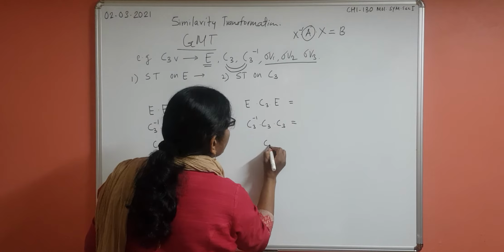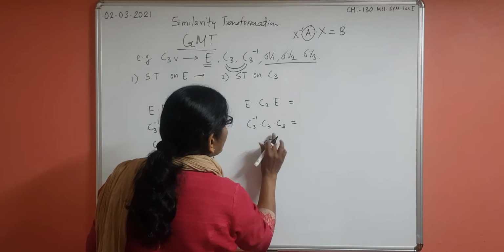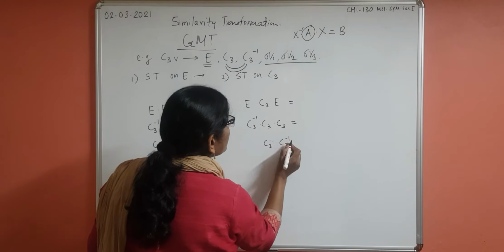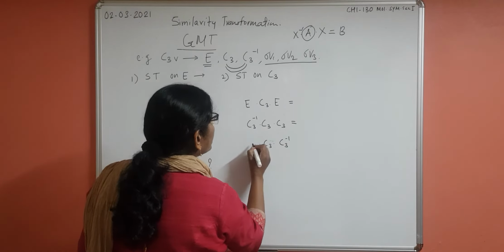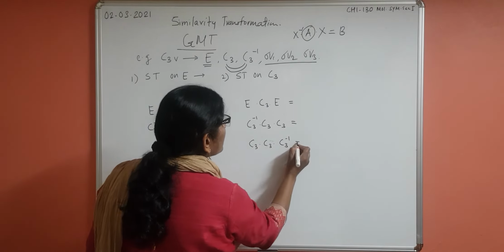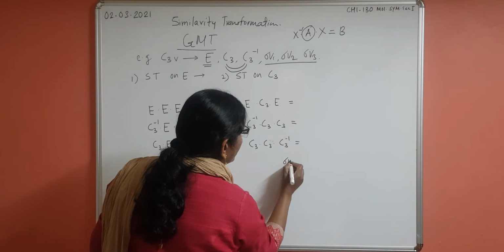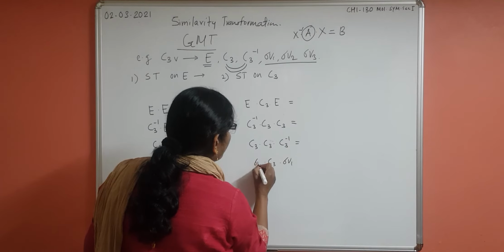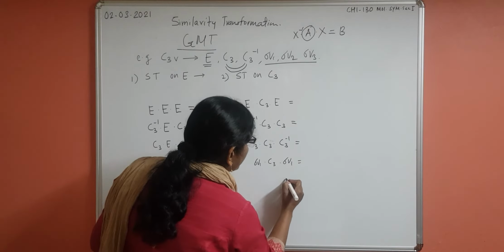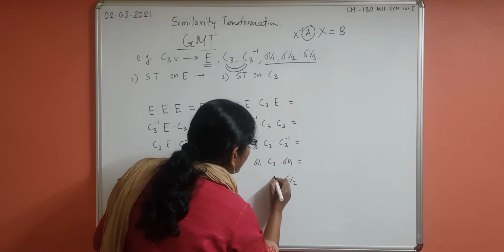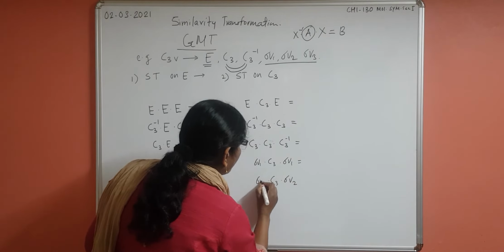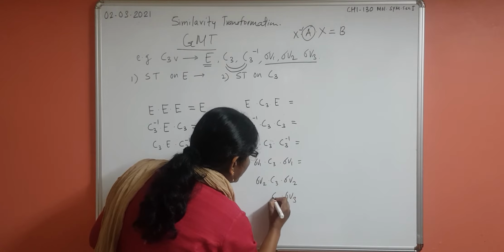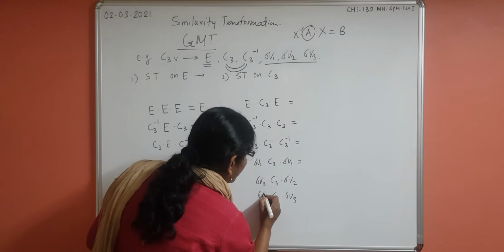Then third symmetry element is C3 inverse, and inverse of C3 inverse is C3. Then sigma V1, C3 sigma V1. Sigma V2, C3 sigma V2 and sigma V3, C3 sigma V3.